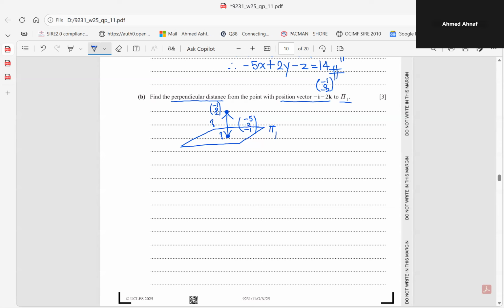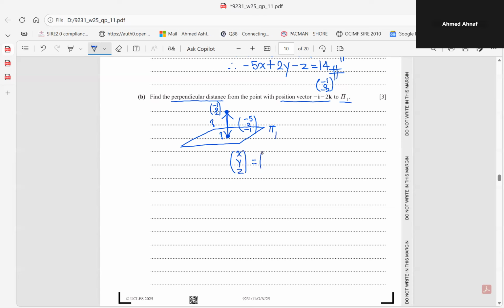Okay, so this point, it's along the normal vector to the plane as well as on the plane. So to represent this point, we're going to use the vector equation of a line for the normal. Okay, so I'm just gonna replace it with x, y, z.